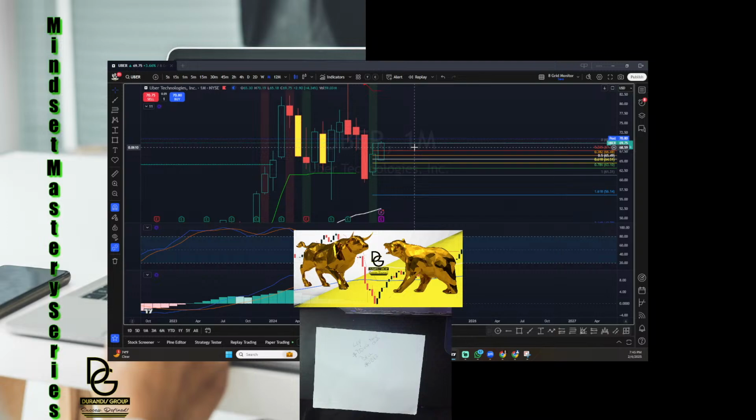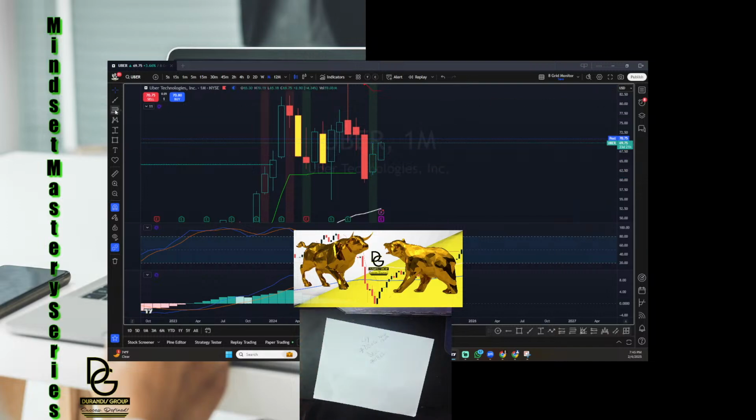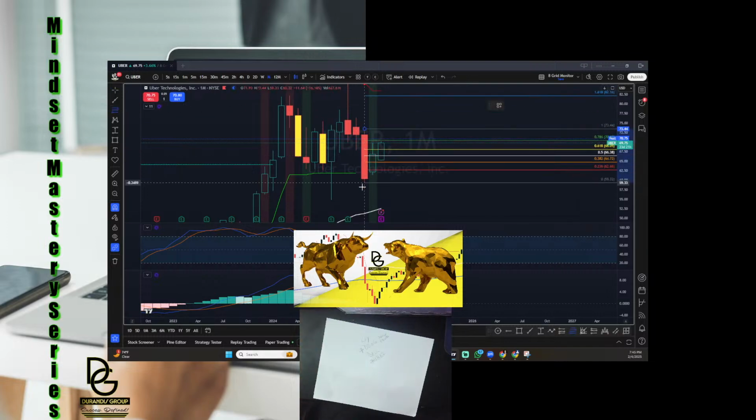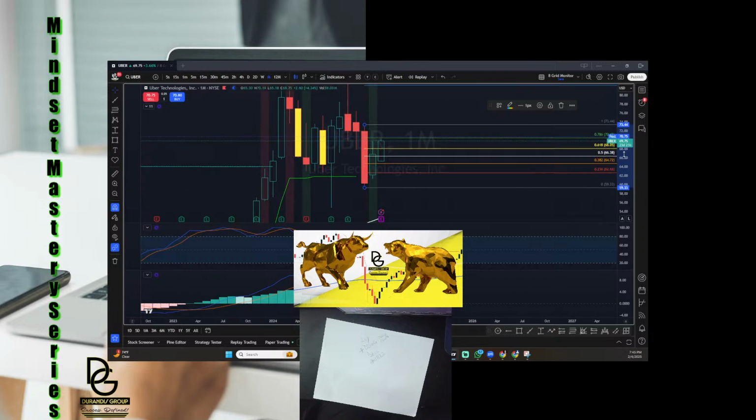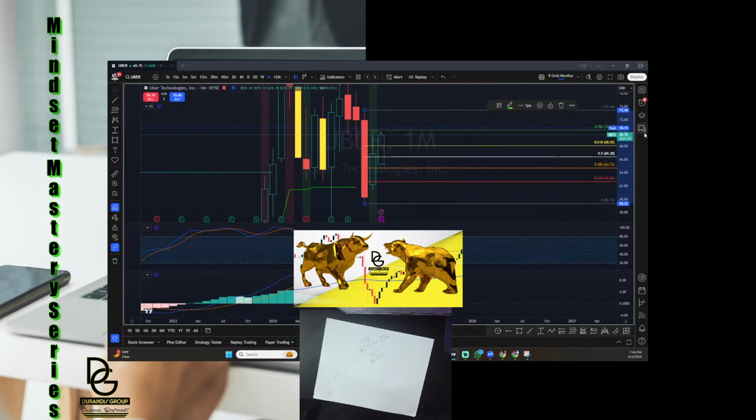All right, so that 65 looked like it was a 50% retracement of this candle here on the January candle, and we're probably going to break out of this area. Let me get rid of this fib and let's put another one, but we're going to start from this red candle. What levels are they knocking out? Pre-market, we're above it.